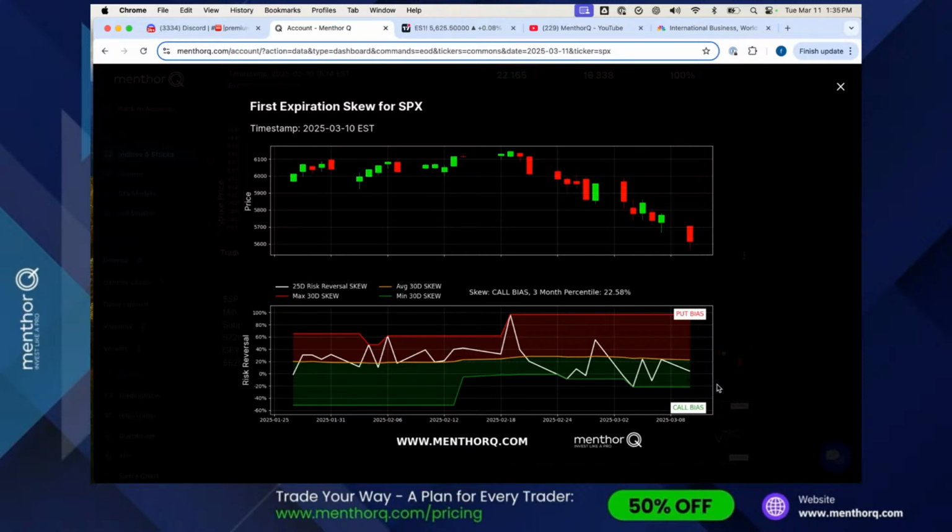And for those puts to realize and be profitable, we need either another volatility spike, hard from here, and a big move down. So it makes sense that there's going to be a bias toward calls. It just sort of makes intuitive sense.